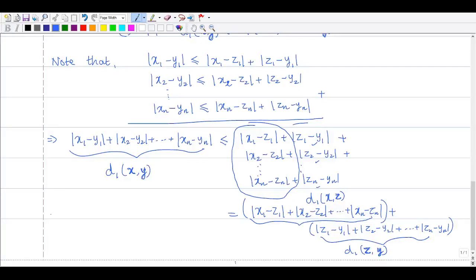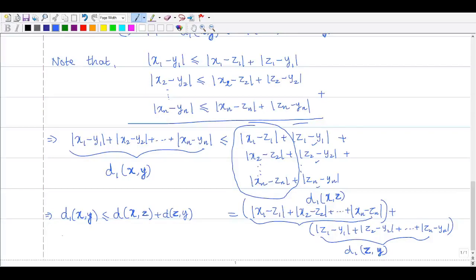Okay, so this implies that d1 of x comma y is less than or equal to d1 of x comma z plus d1 of z comma y.